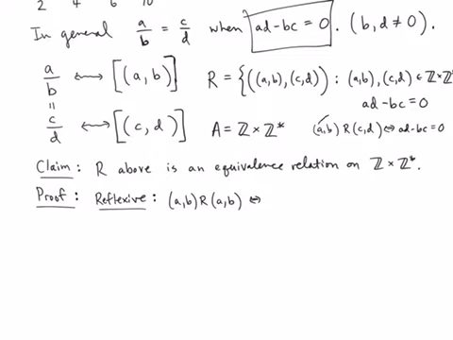You can kind of visualize that as the first one in the first pair and the second one in the second pair, and then the second one in the first pair and the first one in the second pair. They pair up and you subtract them. So down here we have AB minus BA equals 0. And of course that's true. So it follows immediately that AB is related to AB.